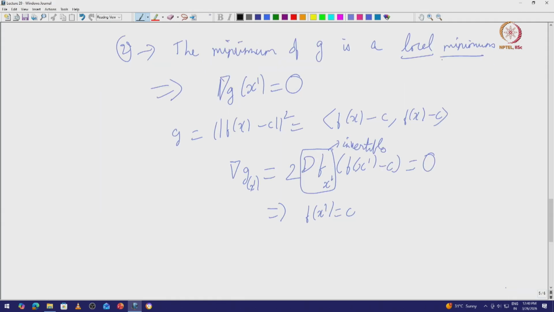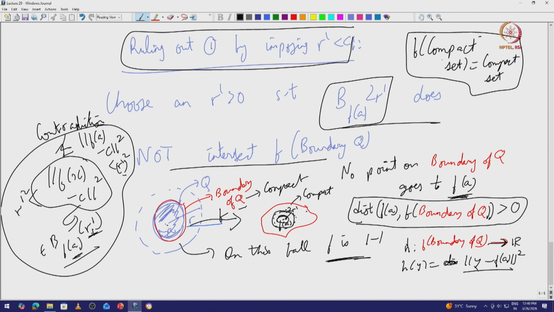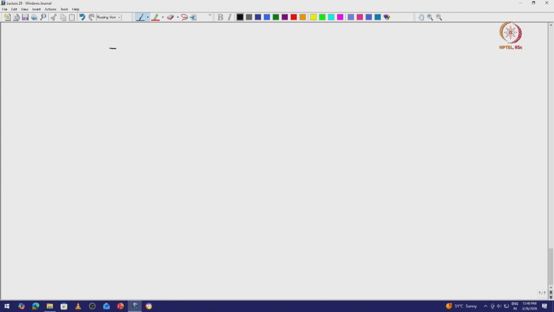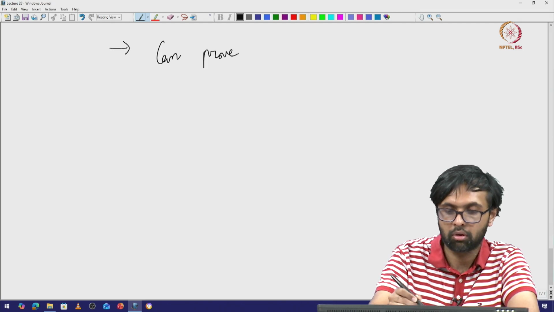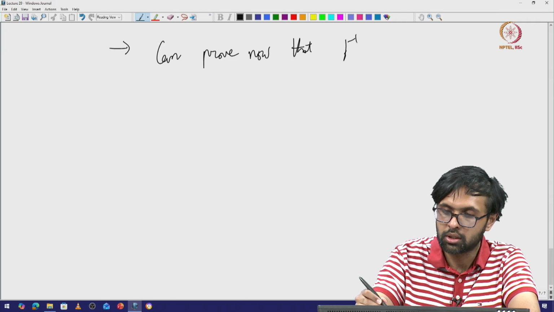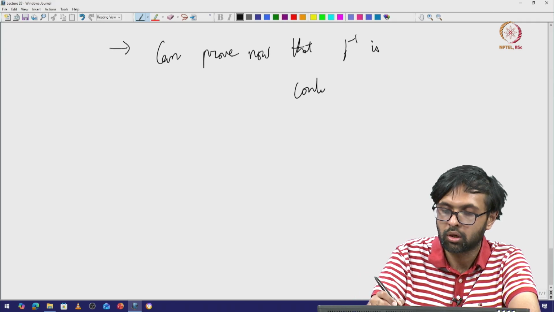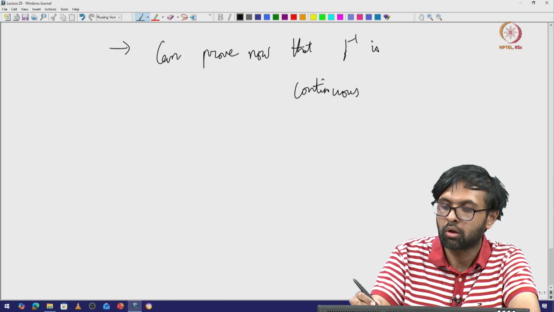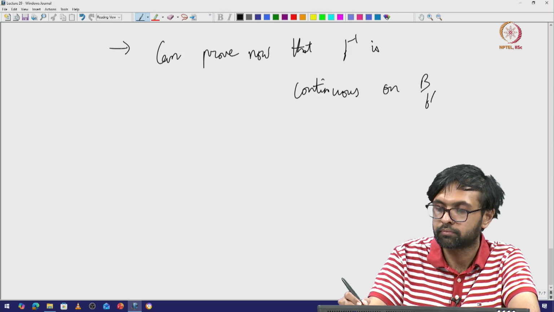Now, in fact, we can prove now that f inverse is continuous on this ball.